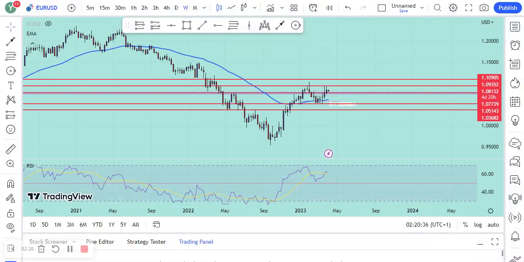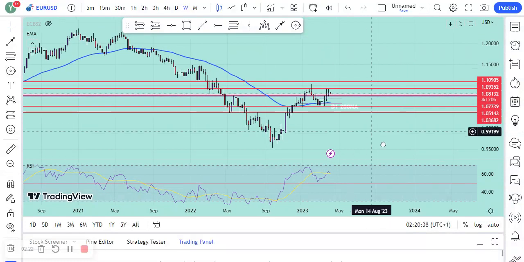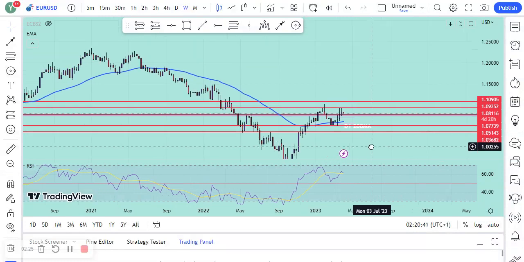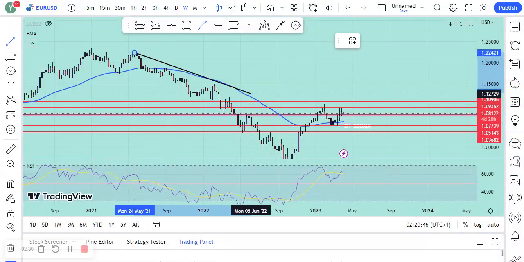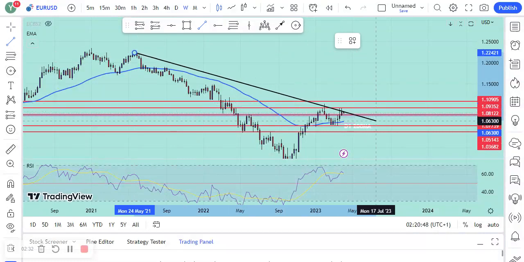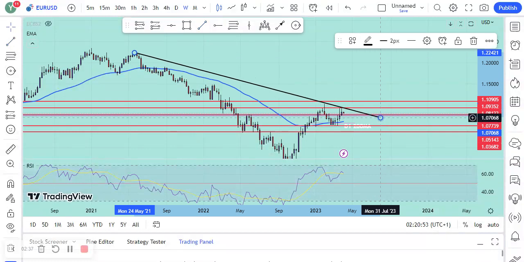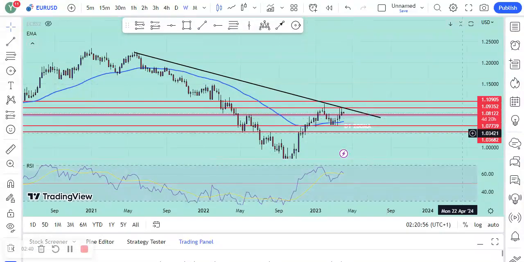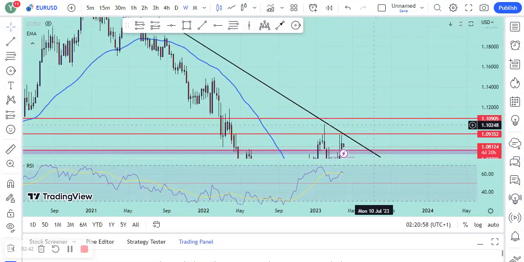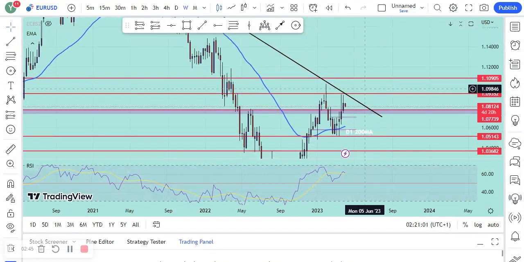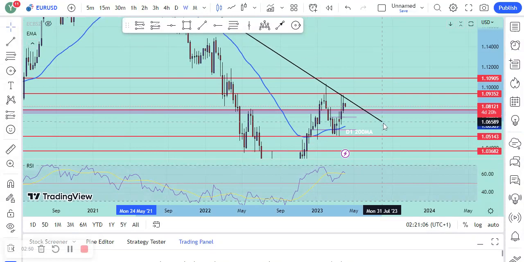Then if we analyze it further, if we apply the trend line to this chart, say from here to here, we realize that the 1.09 zone is not just a zone but a major zone of confluence.